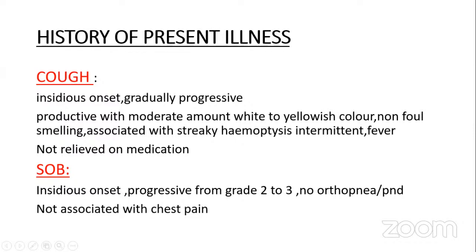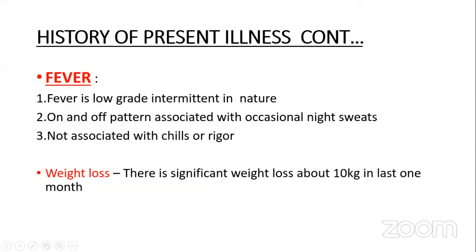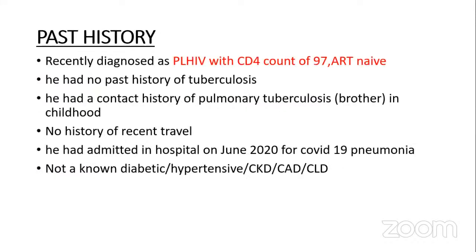Shortness of breath was insidious in onset, grade 2 to 3. There was no orthopnea or PND and not associated with any chest pain. There is a low-grade intermittent fever, on and off in pattern, with occasional night sweats, not associated with chills. There was significant weight loss of about 10 kg in the last 1 month. So all these, as we know, the 4S symptoms of TB could be seen here.